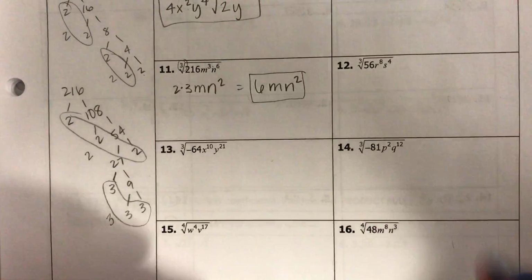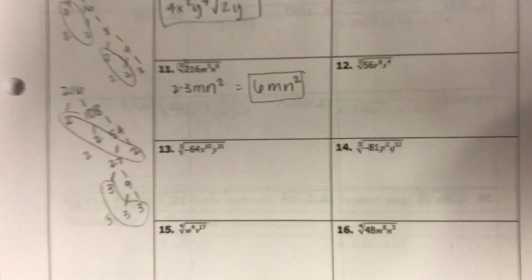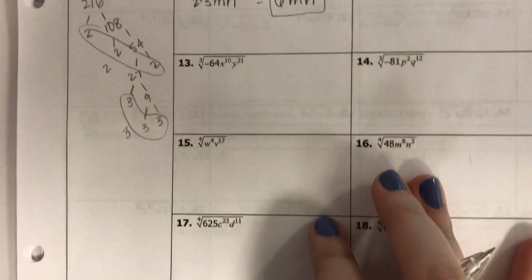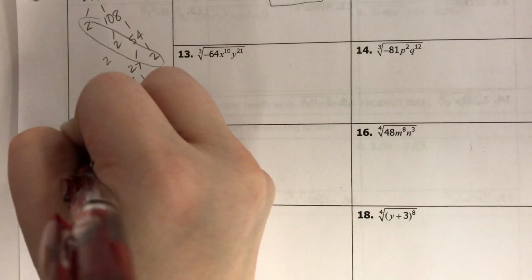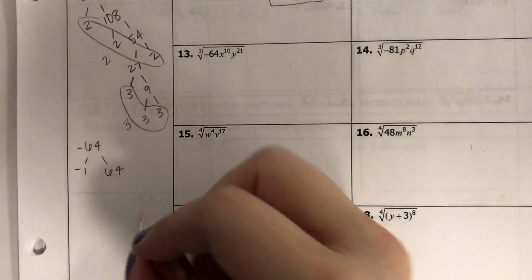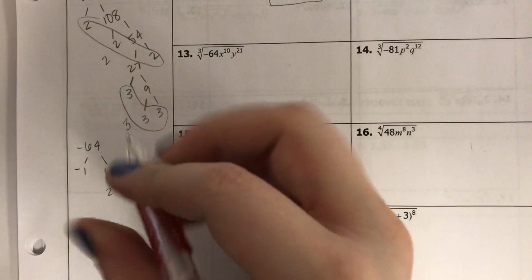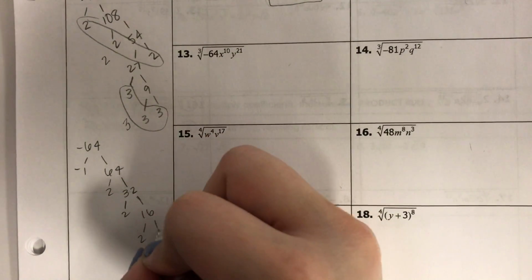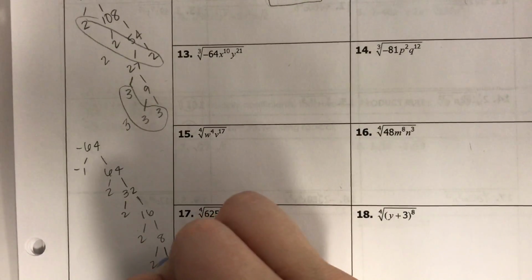Okay, number 13. Groups of 3, negative 64. What we're going to do with negative 64 is factor out a negative 1. So I'm going to do that down here. Negative 64 is negative 1 and 64 first. Then I'm going to start factoring. 2 times 32. 2 times 16. 2 times 8. 2 times 4. 2 times 2.